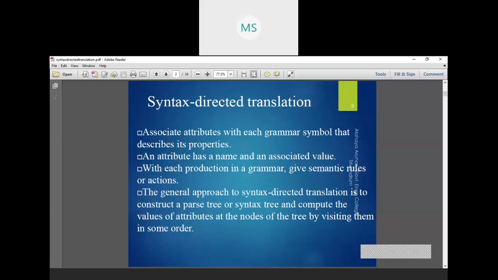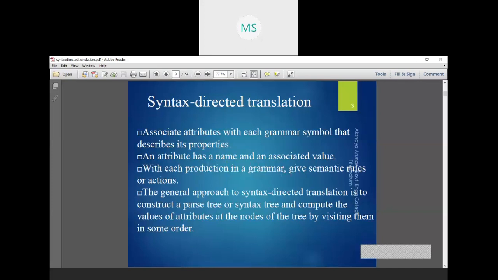That attribute gives its own property of the grammar symbol. An attribute has its name and its associated value. For example, VAL is an attribute name, and the corresponding value for the expression 3 plus 5 is 8; the value is 5 for that variable.